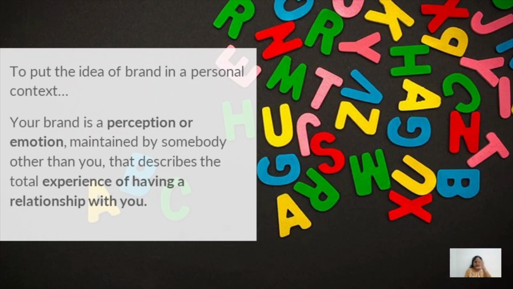It is the emotion that has been maintained by somebody other than you. Somebody other than you, I mean to say the stakeholders. We would be talking in detail about the stakeholders in a later part. So right now I will keep it just to the self, that it is a perception, an emotion which is not maintained by us but is maintained by somebody else. But then what would happen while these emotions are being maintained by others?